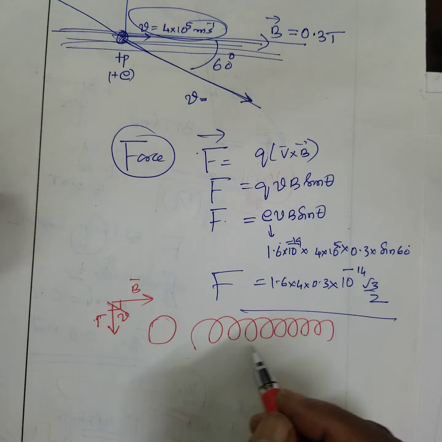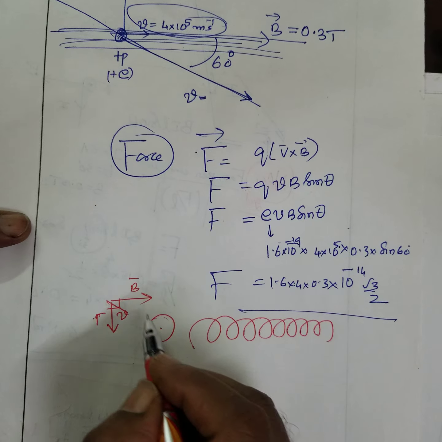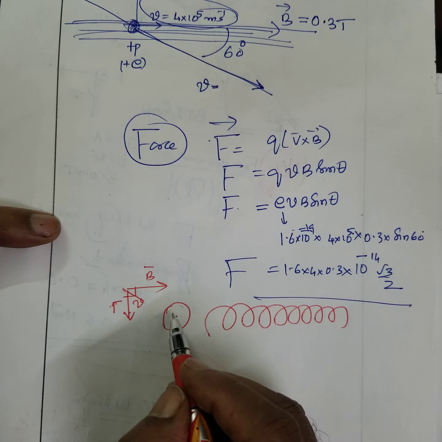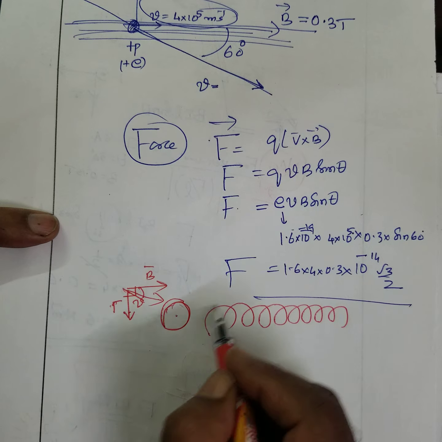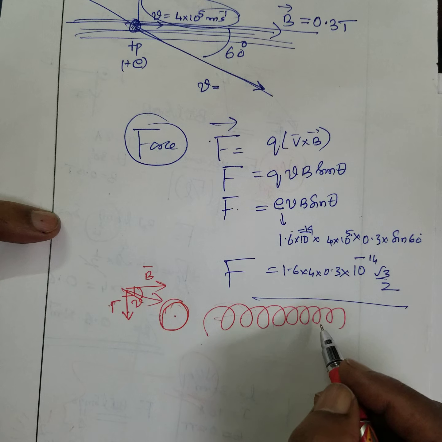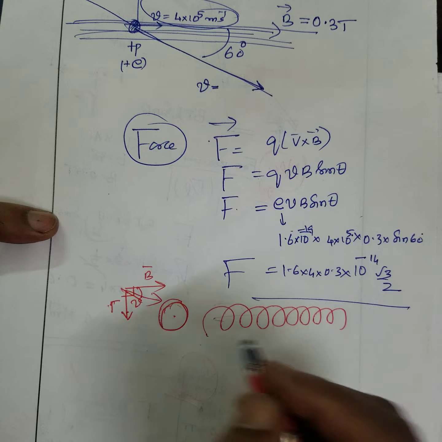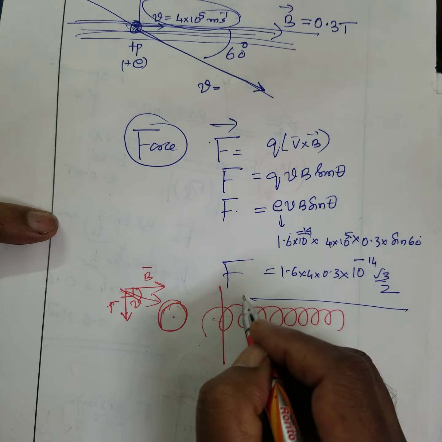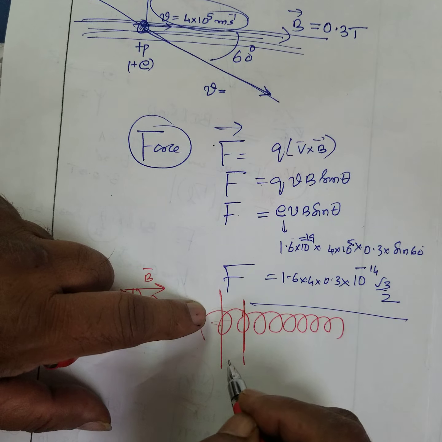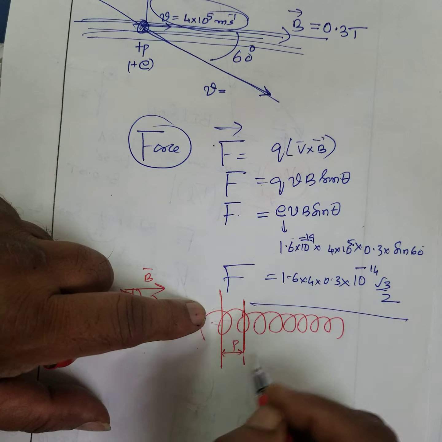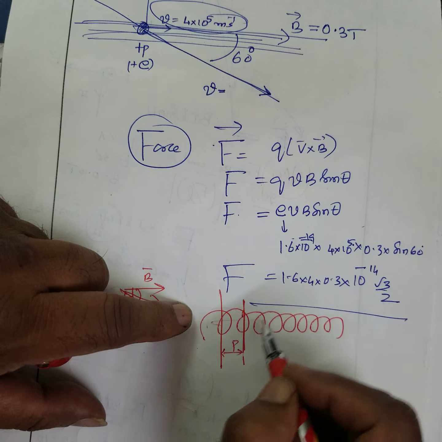If B and V are perpendicular, it forms a circle. If it is not perpendicular, you are forming a helix. You don't have this in the exam, but CET, NEET and all, they'll ask. Right? What is this? This is the pitch. Understood? It will go in this circular path.